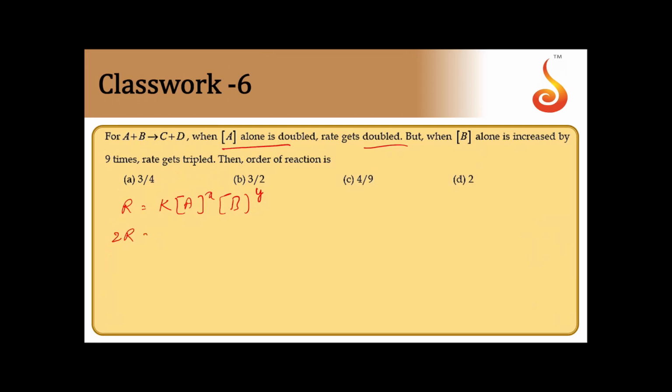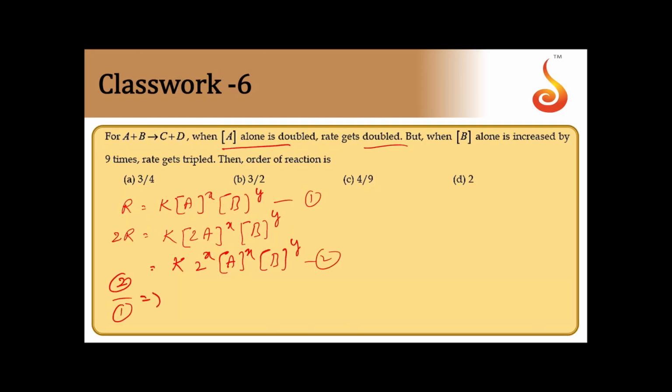So rate gets doubled means 2R equals K into 2A to the power of X, and then B to the power of Y, which is equal to K into 2 power X, A power X, B power Y. Let us take this as equation 1, this as equation 2. Dividing equation 2 by 1, we are going to get 2 is equal to 2 to the power of X, implies X is equal to 1. We got the value of X as 1.